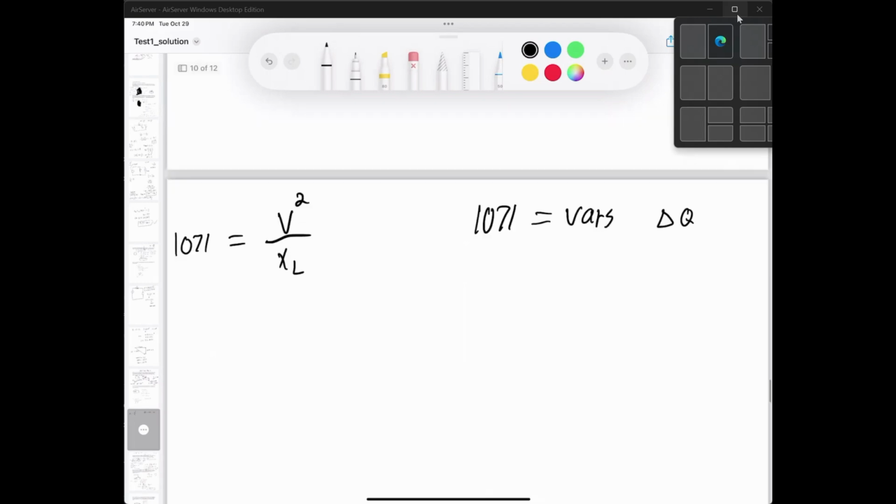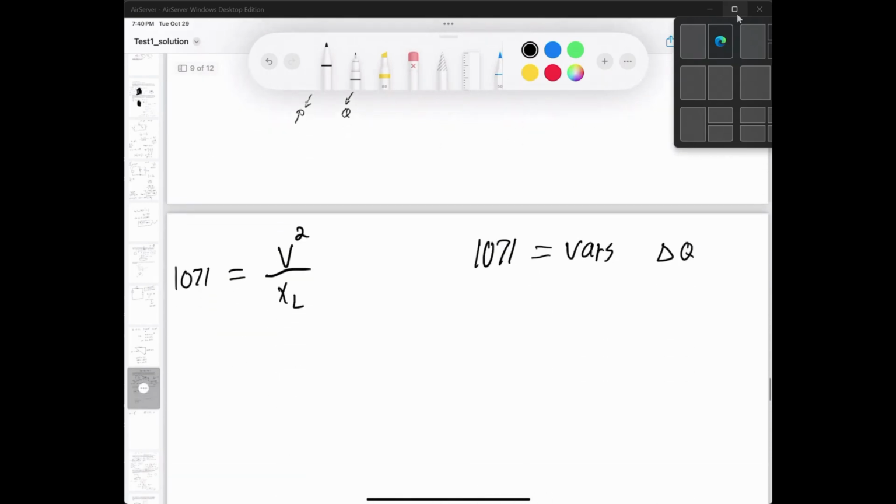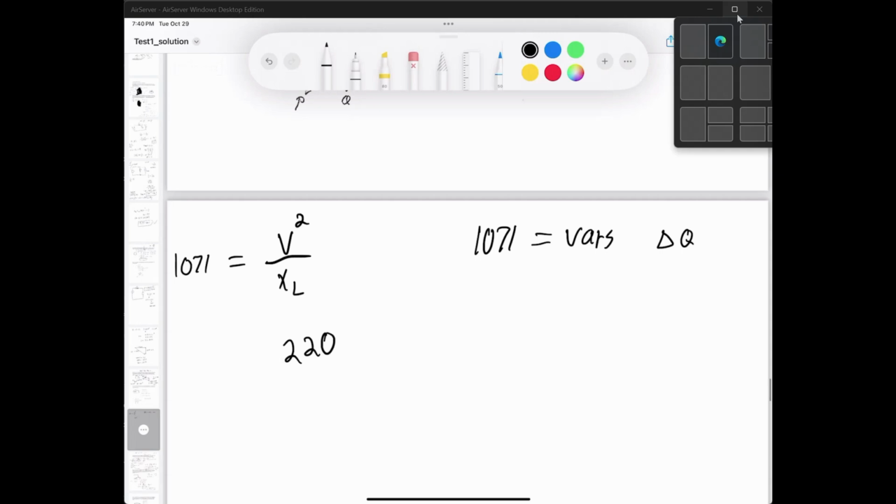We know that V is equal to 220. And let's flip that around.